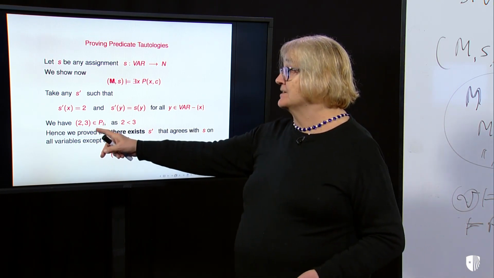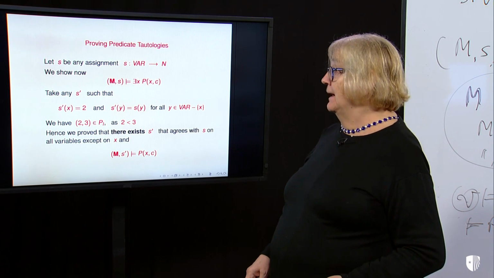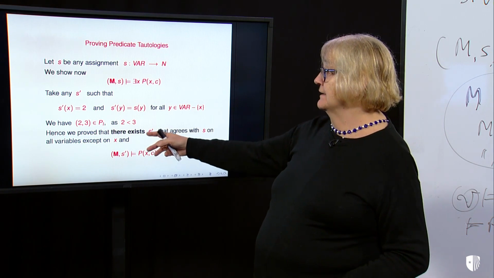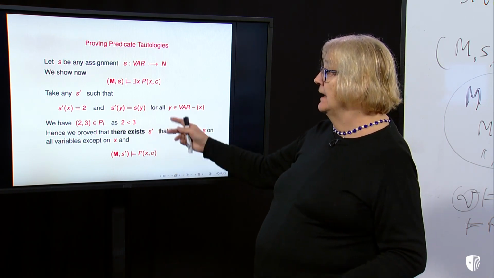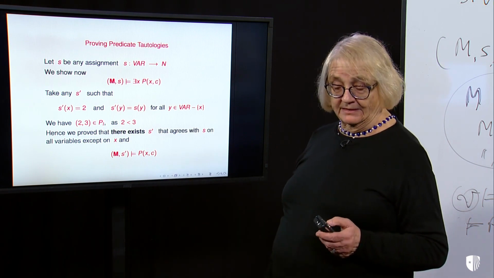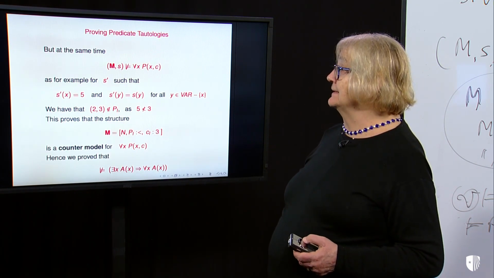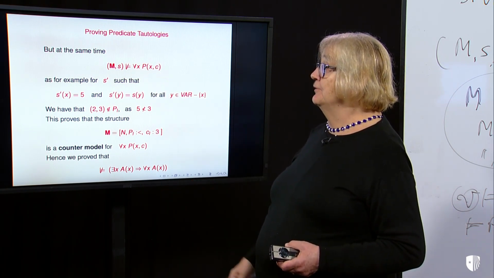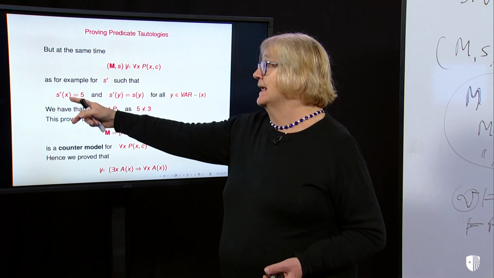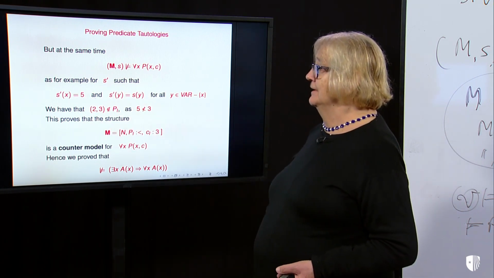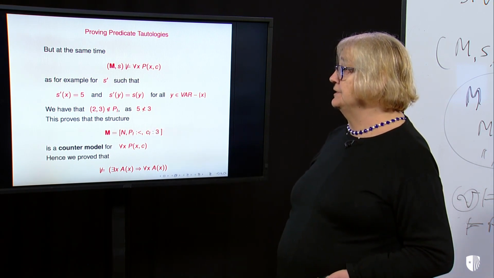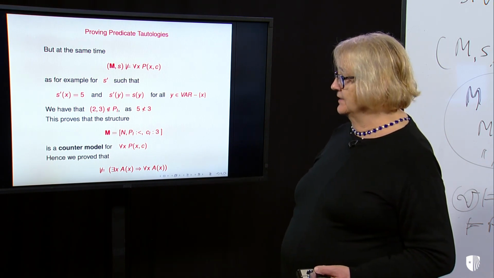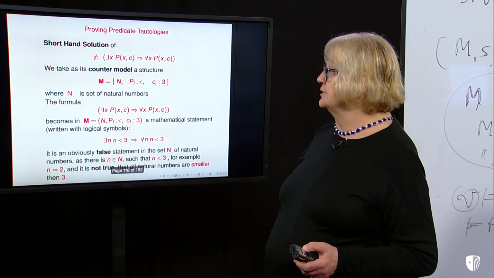So we have that (2, 3) is in P, which means that 2 is less than 3. So we prove that there exists S prime that agrees on all variables except x and that satisfies it. But at the same time, M, S does not satisfy the other side, because, for example, let's take S prime of x equal to 5. We get that 5 is not less than or equal to 3, so that proves that this structure is a contramodel. So we prove that this is not a tautology.